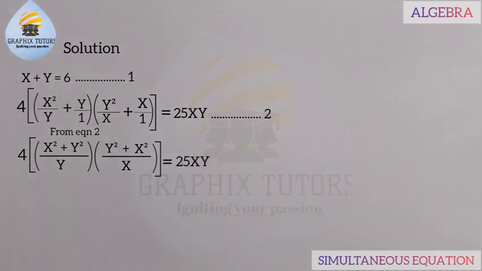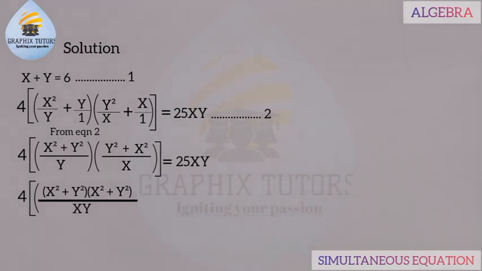All equals 25xy. Now, since we're multiplying, I can have it this way: 4 open bracket x square plus y square multiplied by x square plus y square, all divided by x over y. When you multiply x times y, we're having xy. Then all equals 25xy.